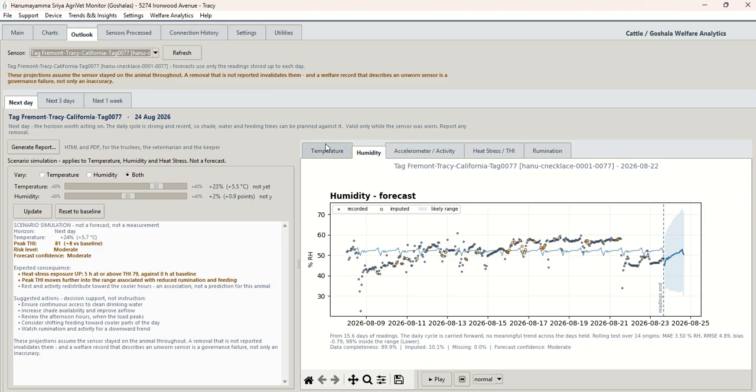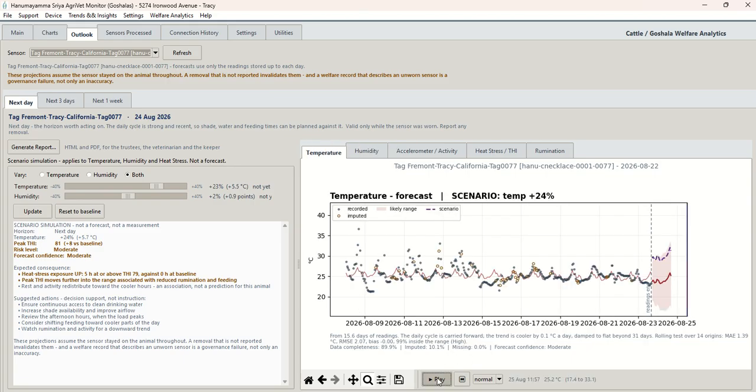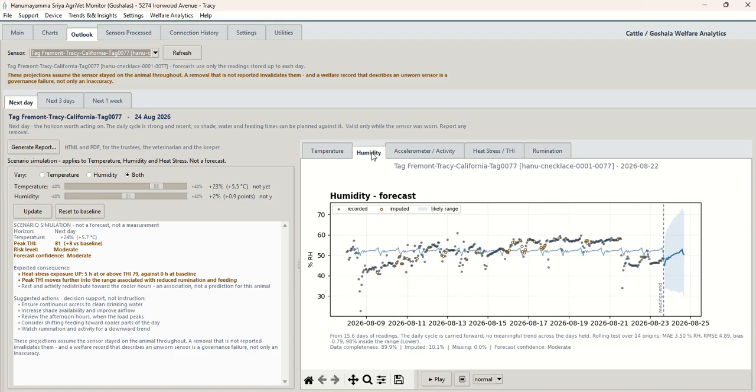The rolling backtest over 14 origins shows strong reliability. MAE around 1.4 degrees, RMSE around 2.0, bias essentially 0, and 99% of readings inside the likely range. Here is what you can see. Now let's go with humidity. There is no meaningful trend across days, so the model carries forward only the daily cycle.